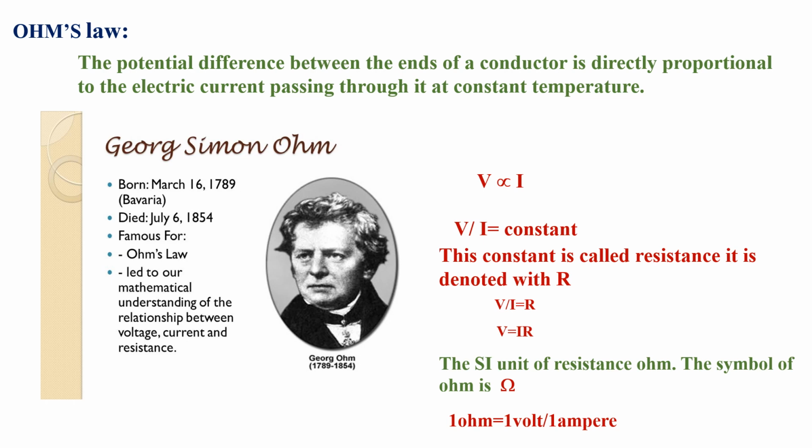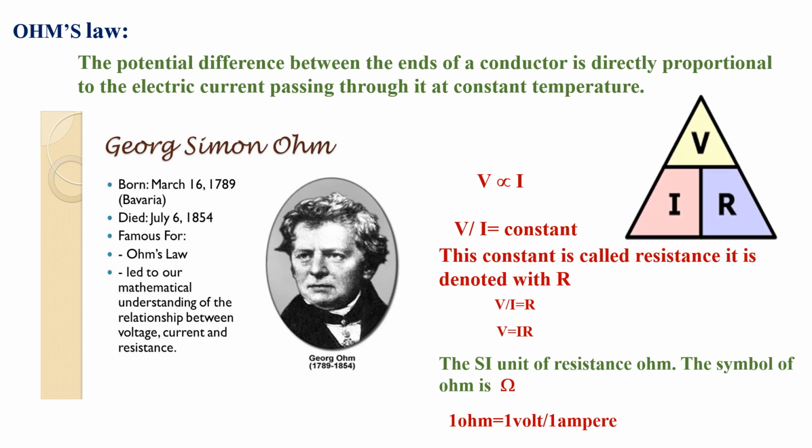Okay. And this is a small triangle, Nana. This is called the magical triangle. Now if you want to know the value of volt, close V. You get I into R. If you close I, you get V by R. If you close R, you get V by I. Okay?